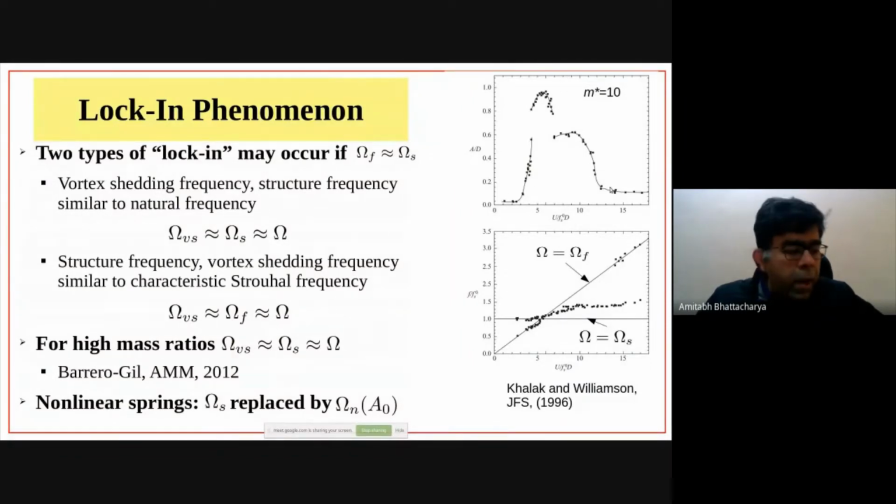So basically, in the low amplitude region, you can see that these points seem to be lying on what is called the Strouhal line.